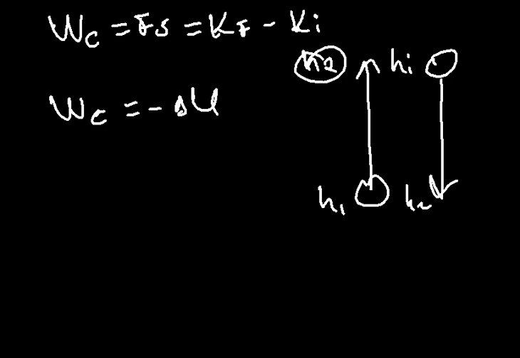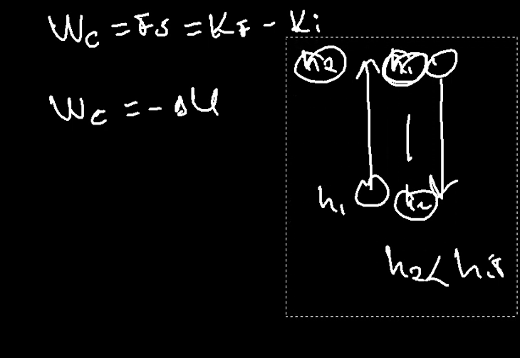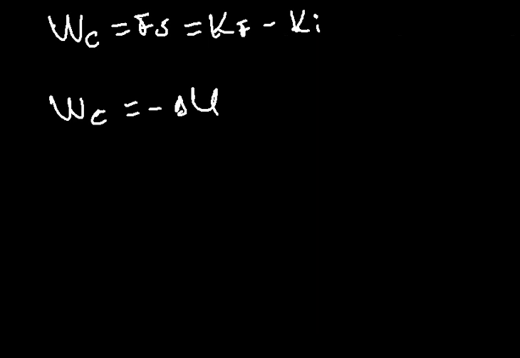But from the fact that the object is moving from up to down, the final position is less than the initial position. Hence, the change in position is negative, and hence we also have the negative. So in all cases for conservative forces, that is the gravitational force, the work done by the gravitational force on the object is always the negative change in potential energy.